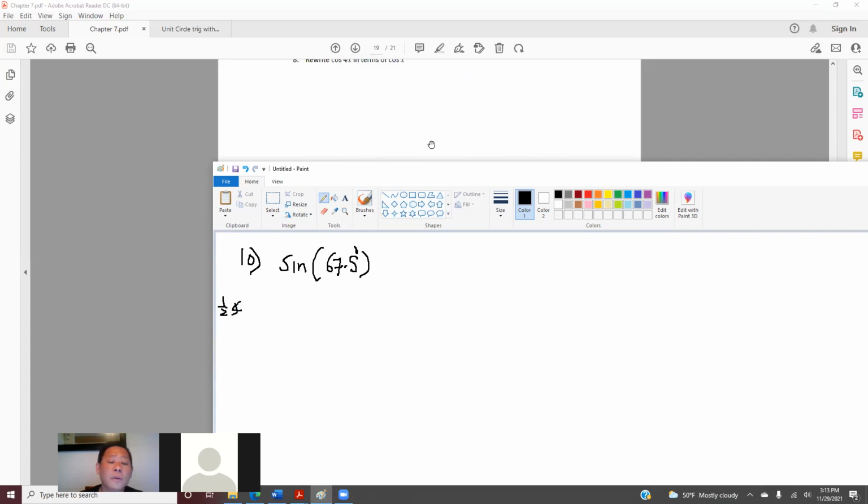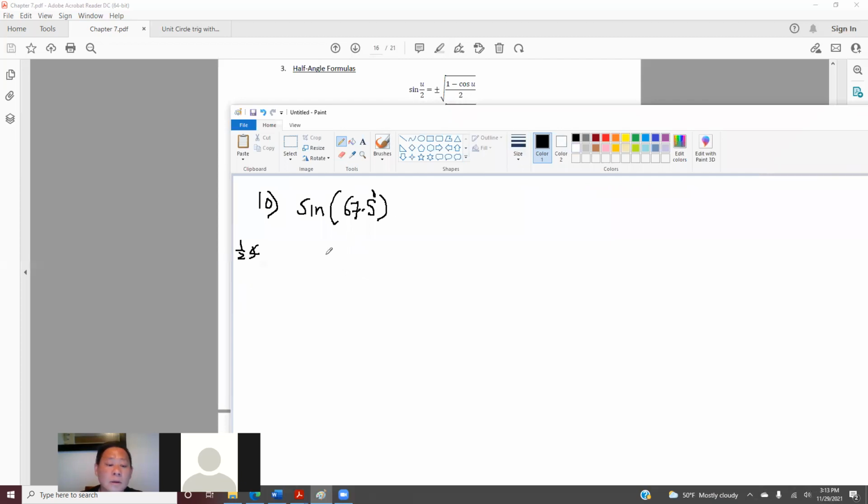If you look at the half angle formula, in this case using sine, sine u over 2 is plus minus square root of 1 minus cosine u over 2.